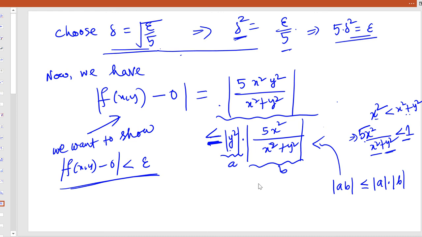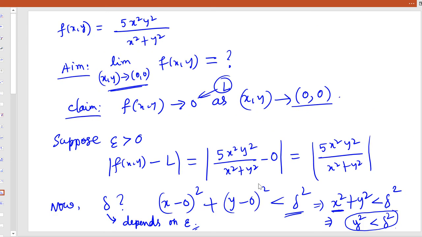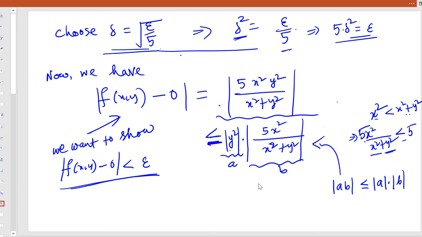So if you multiply by 5, then this will be 5 times multiplied by 1. Now this quantity, what you can see, and we have here this one. So y square is less than delta square. So for y square, we can substitute delta square.